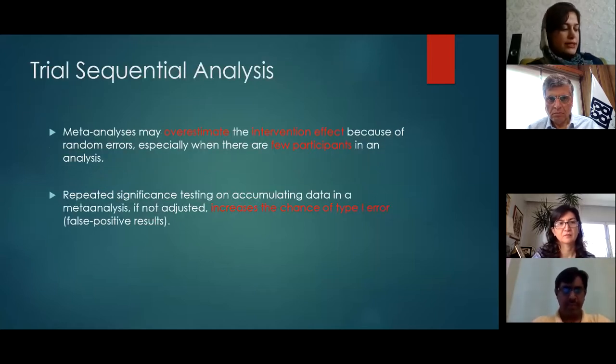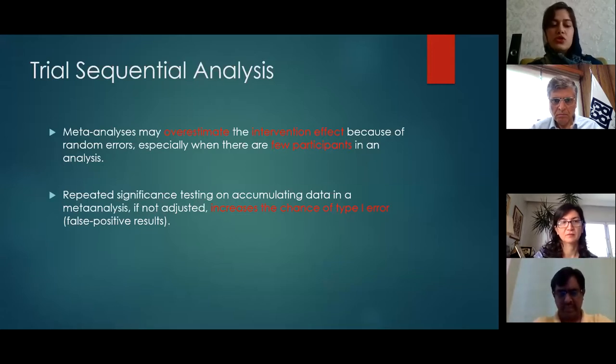Okay, this is an analysis we do not see in many meta-analyses. I want to say a brief explanation about it. Most meta-analyses include too few randomized participants to obtain sufficient statistical power to either accept or reject the intervention effect.